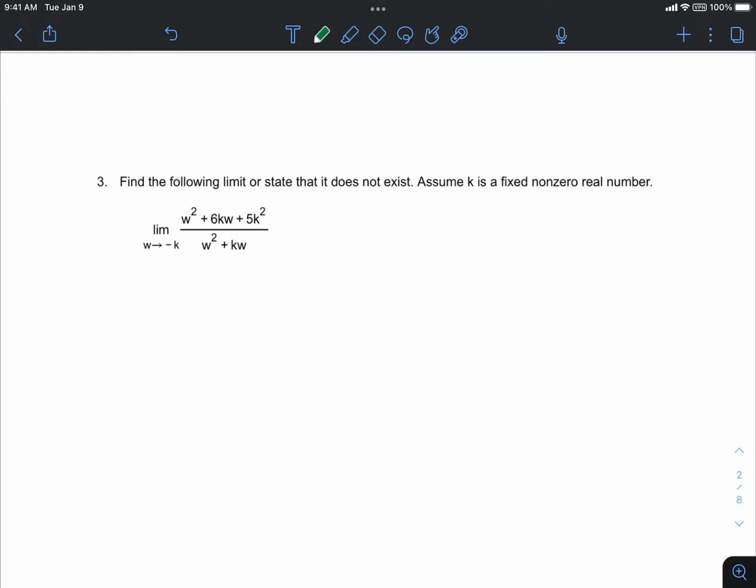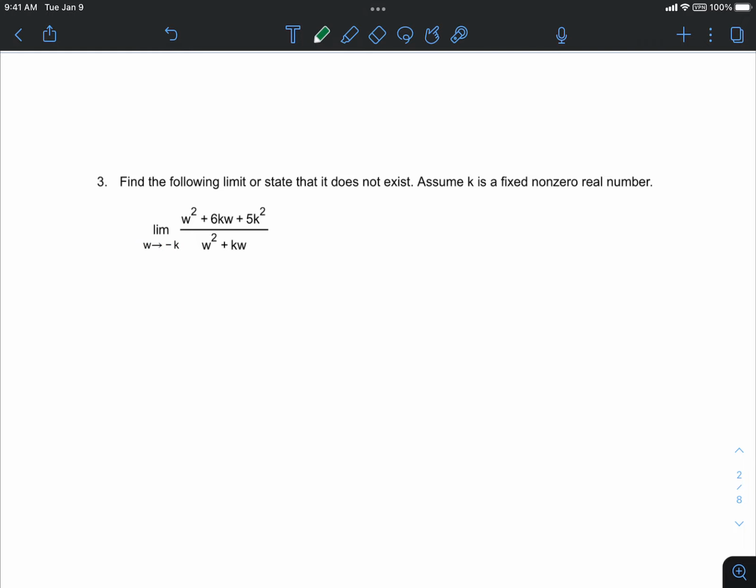If you plug in minus k as w, so w is my variable, minus k is my constant. Usually, for example, if x was approaching 2, x is my variable, 2 is my number, my x value. In this case, if we use the same notation, w is my variable, k is my number.